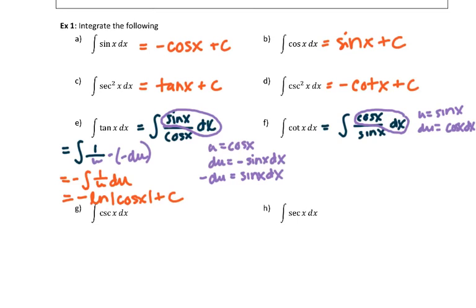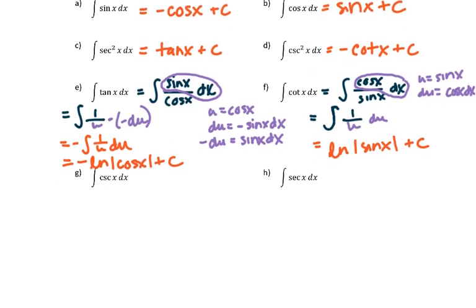It's pretty straightforward. So I'm going to get the integral of 1 over u du. And so this one is also going to give me an ln of our u, which is sine x, and then a plus c. So those aren't too bad because we can just break them up into their ratios.